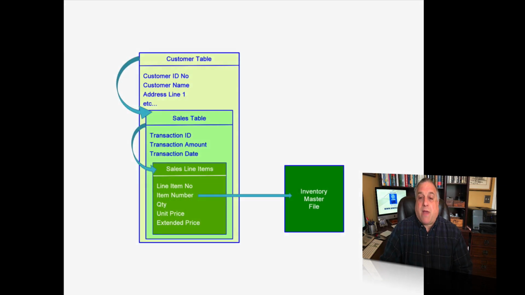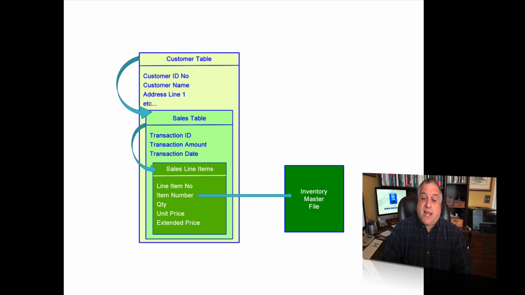The master record is the customer. This is the entity or the individual with whom we've done business. The other master table in this picture is the inventory table. These are the things or the items that we sell to our customers to create revenue to make our business function.